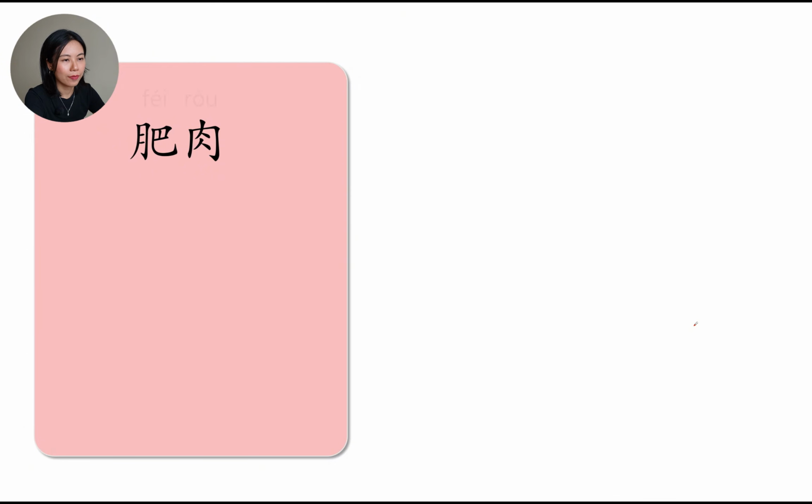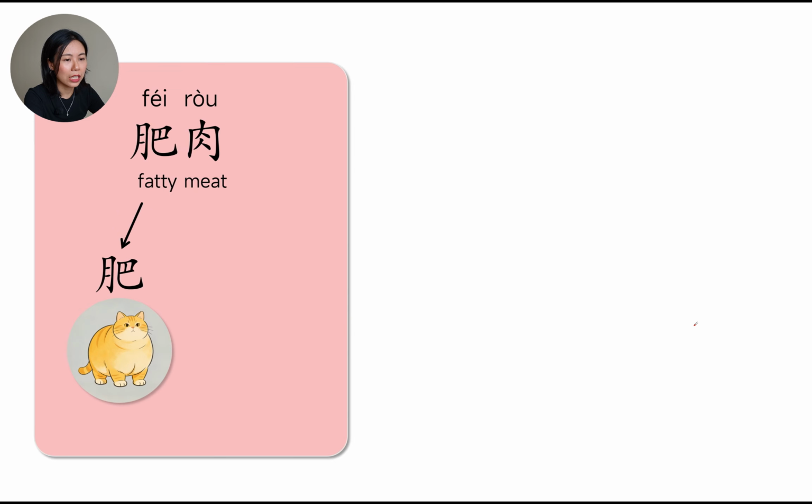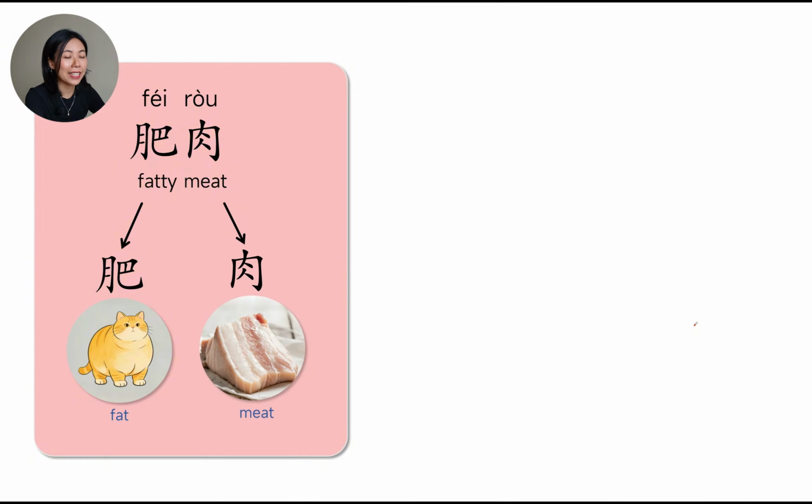肥肉 fatty meat. 肥 means fat, 肉 means meat, and you probably have learned the other word for fat, that is 胖. It's also for fat, so what's the difference between 胖 and 肥?